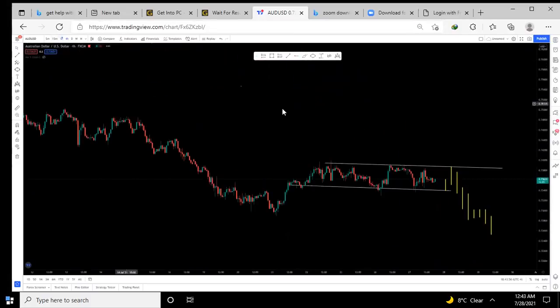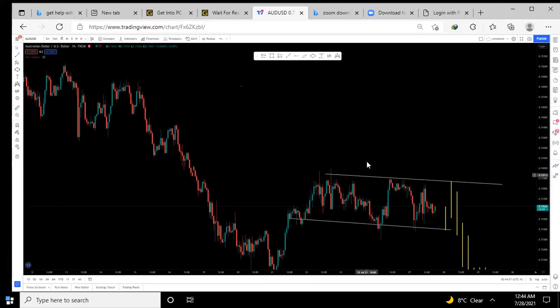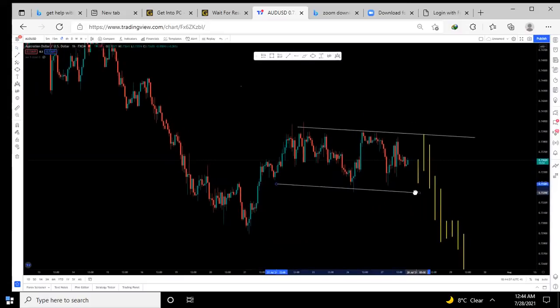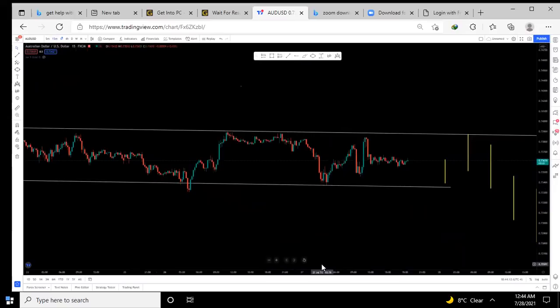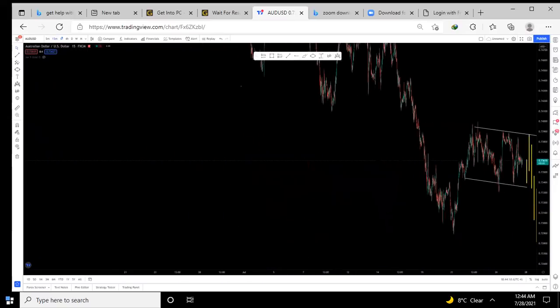Then let's visit H1. On H1, you can see, guys, they're still in a correctional phase. I believe they're still healing from the looting. Even the M15 will show a type of bullish, but at the end of the day, the market is not bullish, guys.